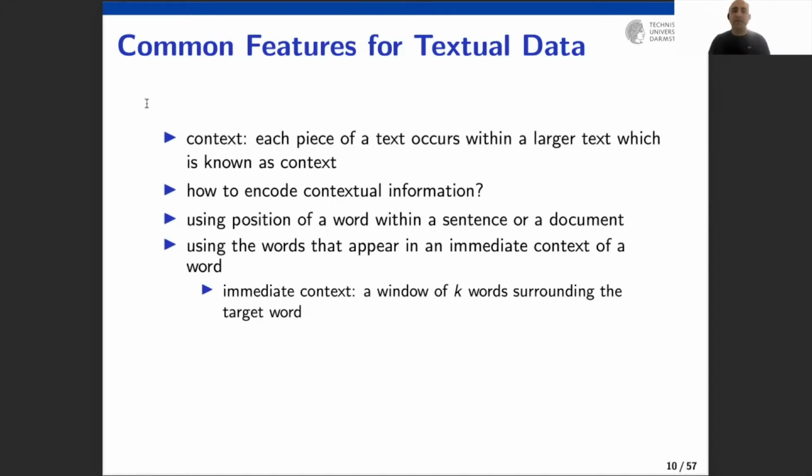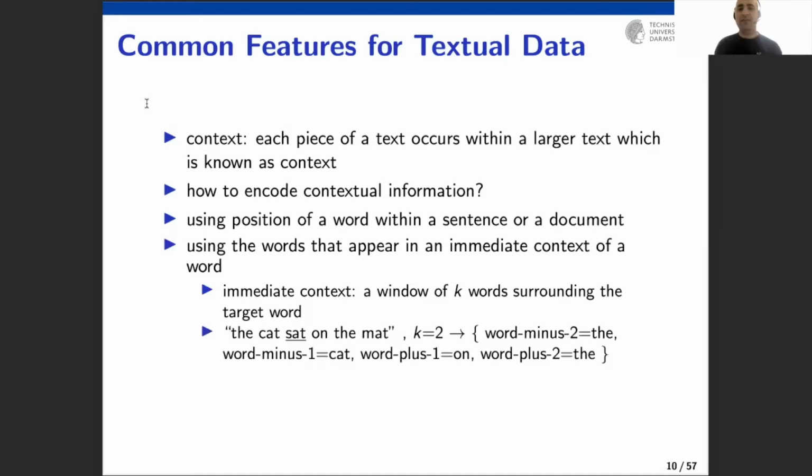This is what we call immediate context, a window of keywords surrounding the target word. Let's assume that we have an example like "the cat sat on the mat." So we give it to a feature function like f, and we ask it to return surrounding words in a window of length 2.